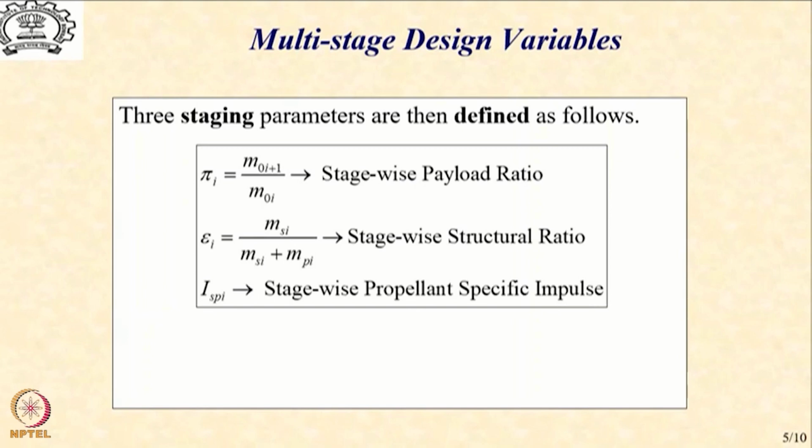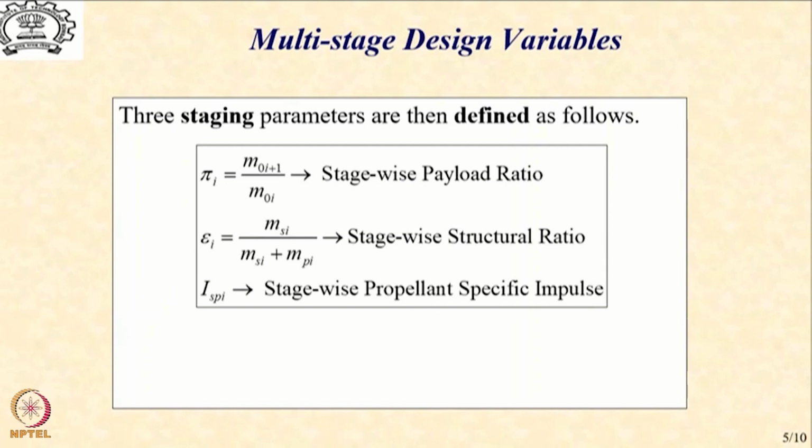We also introduce another ratio called the stage-wise structural ratio, denoted by the symbol epsilon i, which is nothing but an indication of how much of the structure is used in a given stage. So if the stage has 100 kgs, how much of it is structure, and the remaining will all be treated as the propellant.